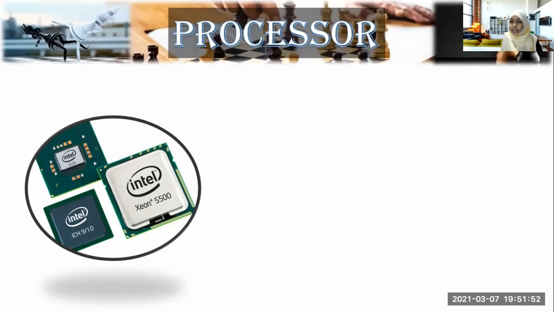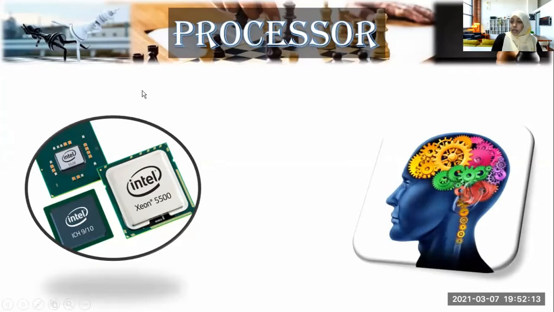Like the kitchen wants a chef to make the food, the computer needs a processor to process the data. Without this processor, the computer will not be able to process the data. Also, we call this processor the brain of the computer. So now I think you have realized how important the processor is to the computer.